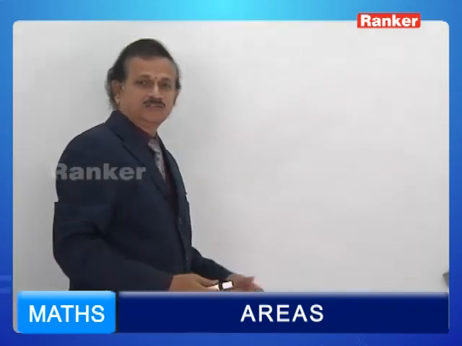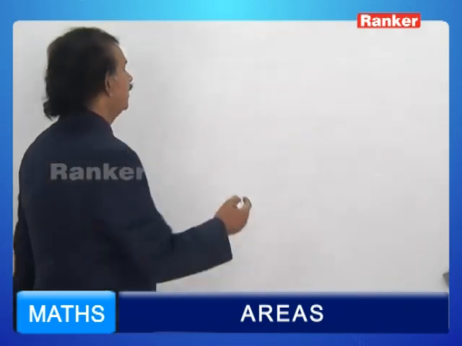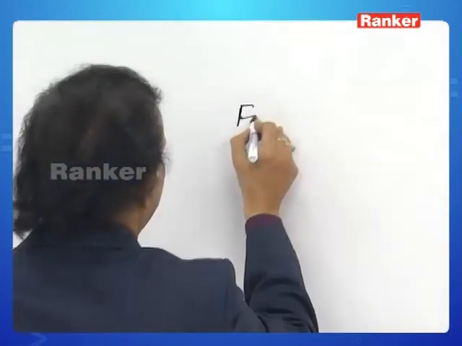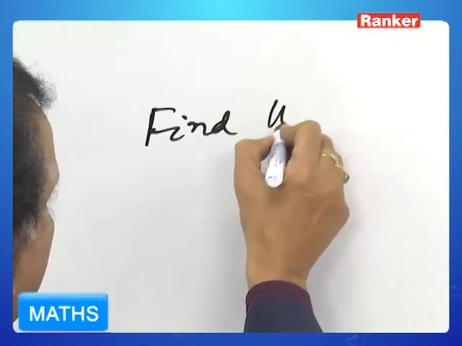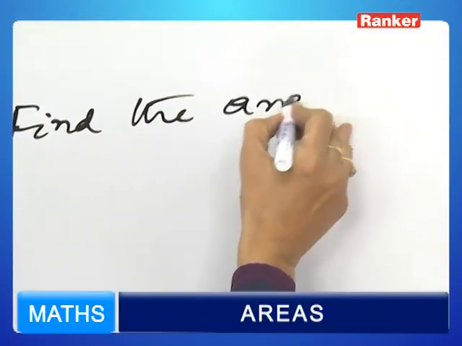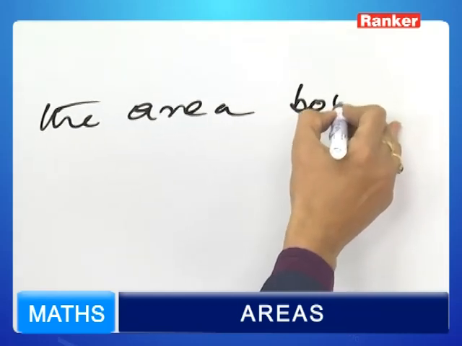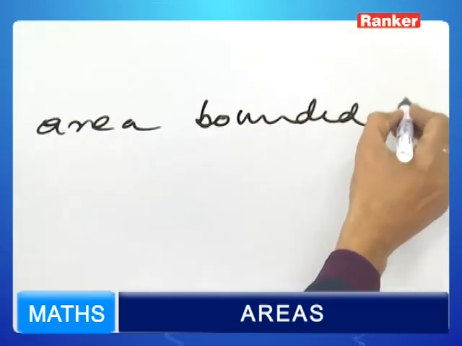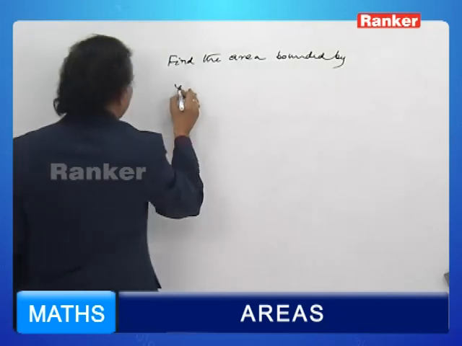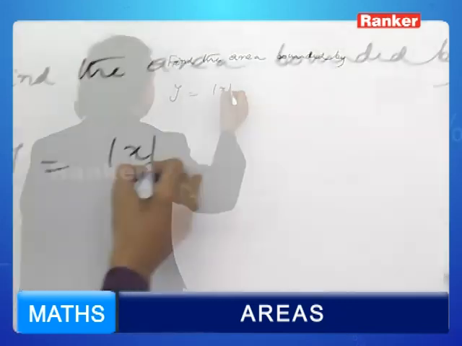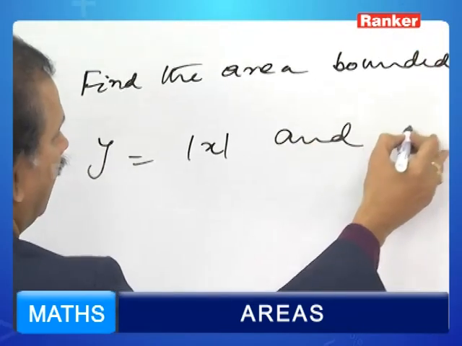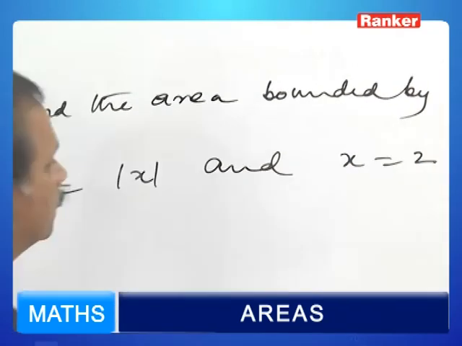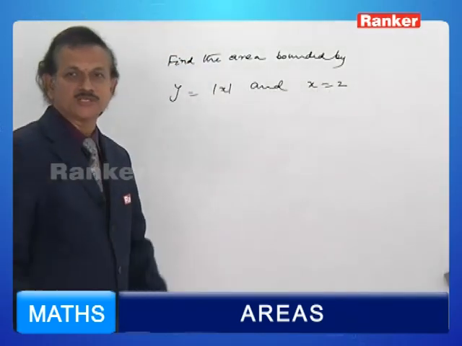Let us see some standard examples. Find the area bounded by y is equal to mod x and x is equal to 2. That's all he is giving.